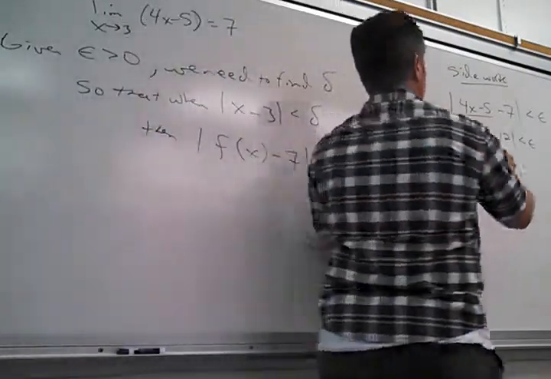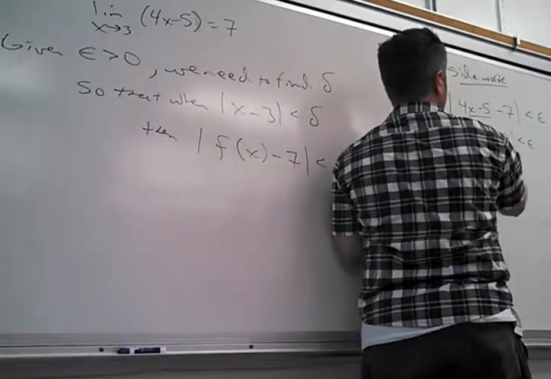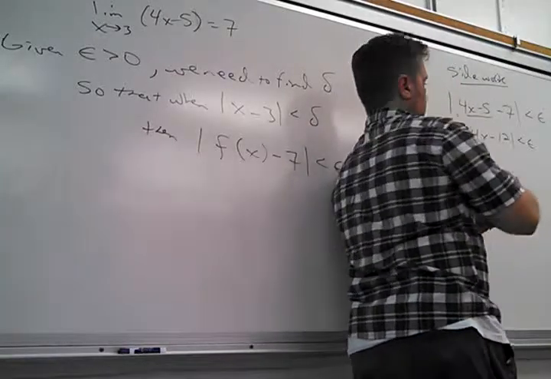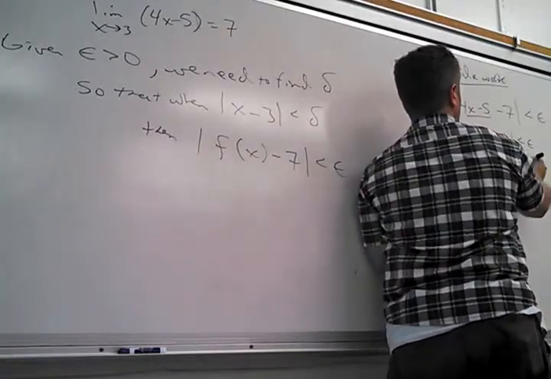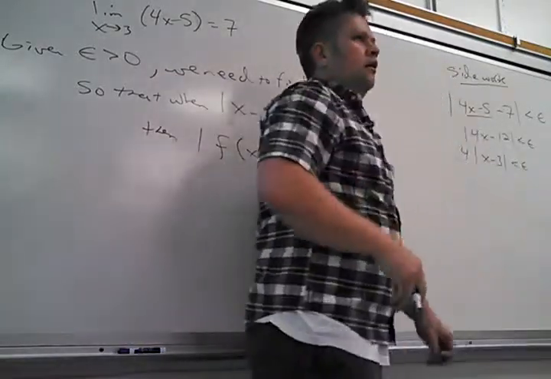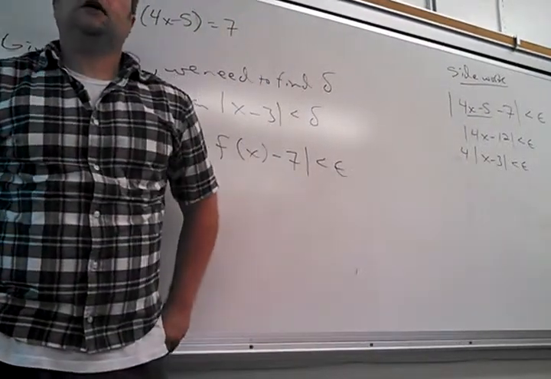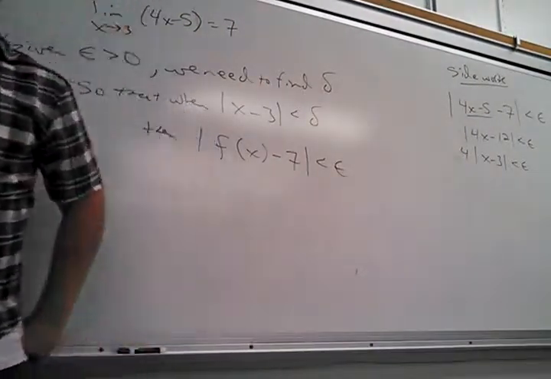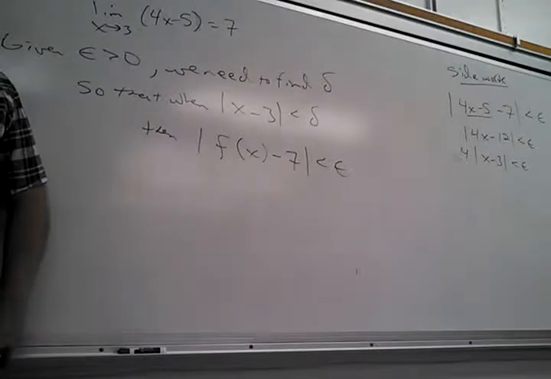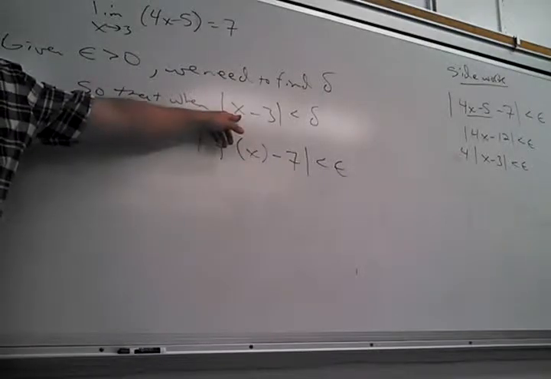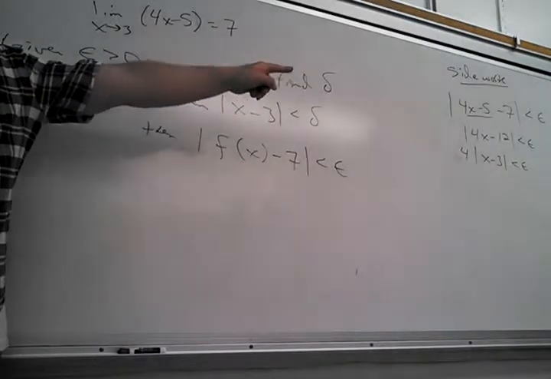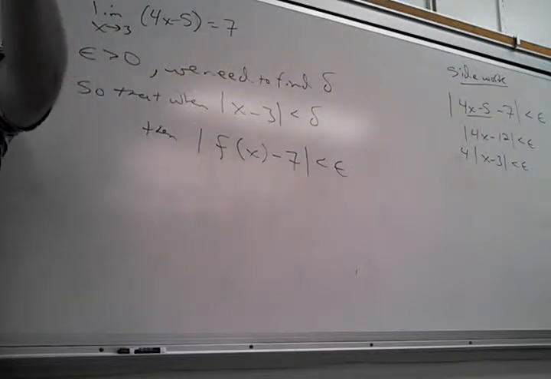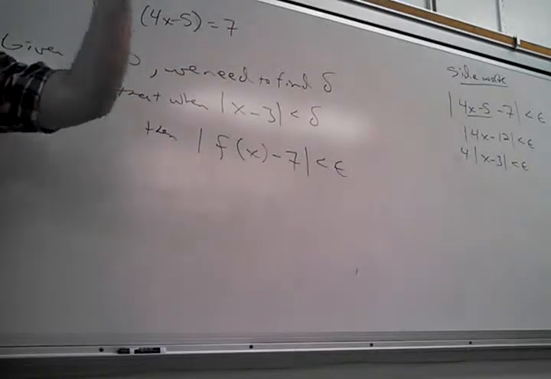Factor out a 4. And it's positive 4, so it can come out of the absolute value. Well, now what's special about what's there? The same requirement for the delta. So if I solve for |x minus 3|, I see what to let delta equal.